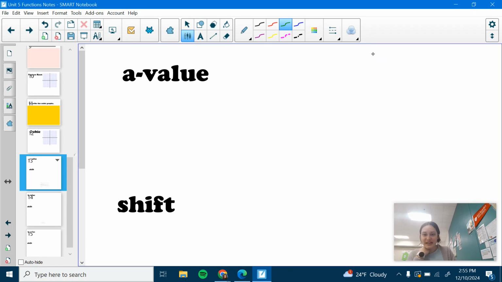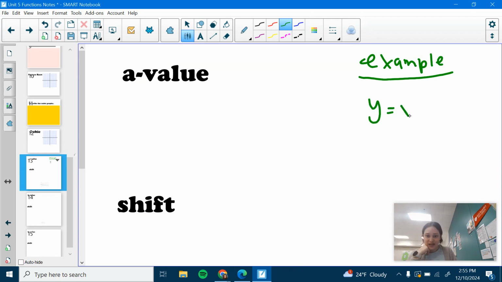So, for example, you don't need to write this, but just to give you some context, remember, our parent function for, say, a quadratic is y is equal to x squared. That's going to give us a nice graph that's going to go through (0, 0) and increase.